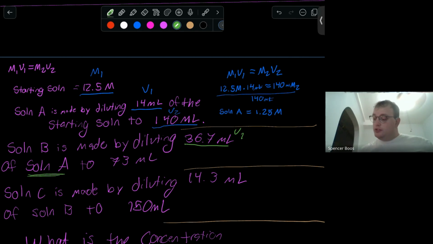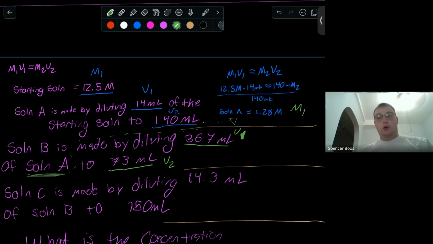So when it says solution A here, it's really referring to that molarity right here. So this molarity is M1, M1 V1, and this here, 73 is V2.